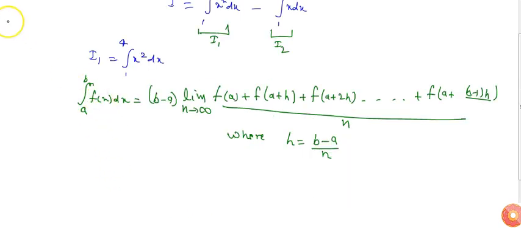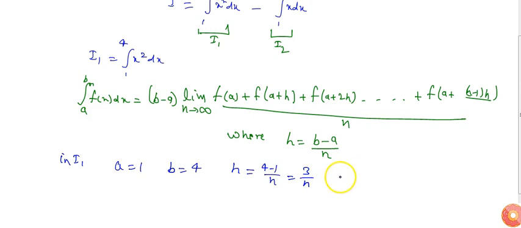So if I use this definition as limit of sum, here in I1 I have a equals 1, b equals 4, h will be (4 minus 1) by n, which is 3 by n, and f(x) is x square.